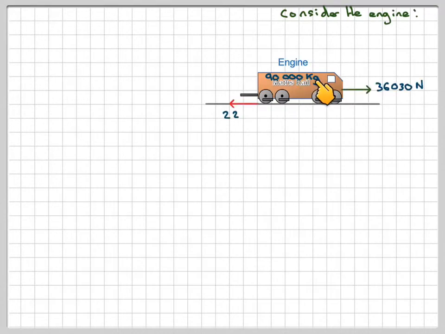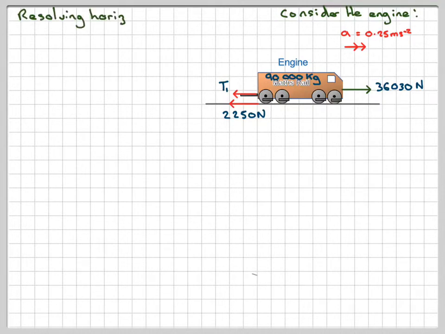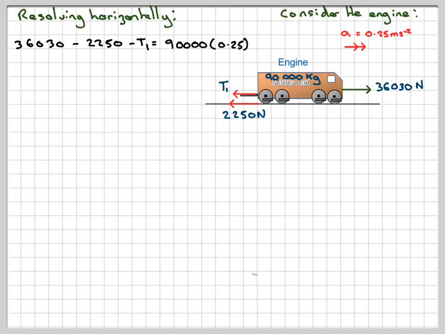The engine is 90,000 kilograms. It's got a driving force of 36,030 newtons, a resistance to motion of 2,250, and T1, which I need to find, and the acceleration is 0.25 meters per second squared. Resolving horizontally, we have 36,030 minus 2,250 minus T1 is equal to mass times acceleration, so 90,000 times 0.25.